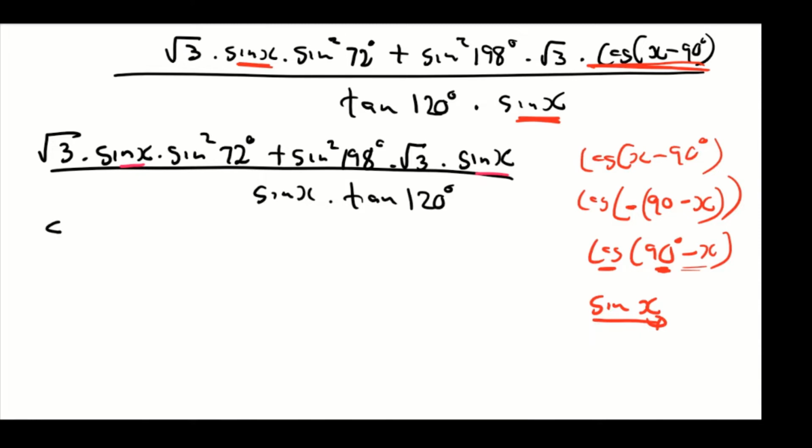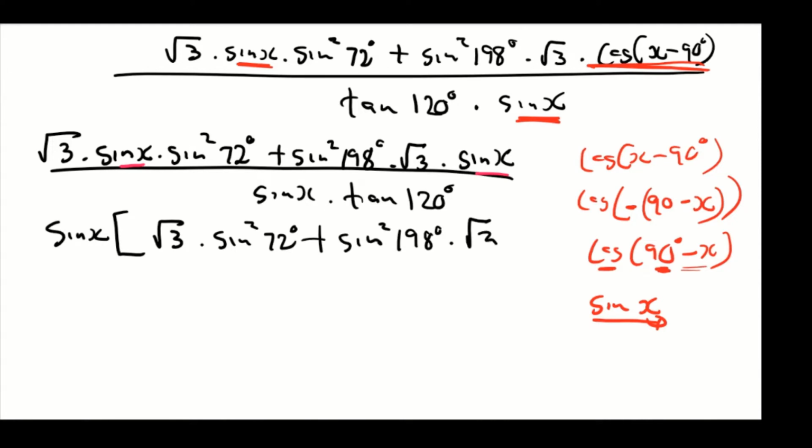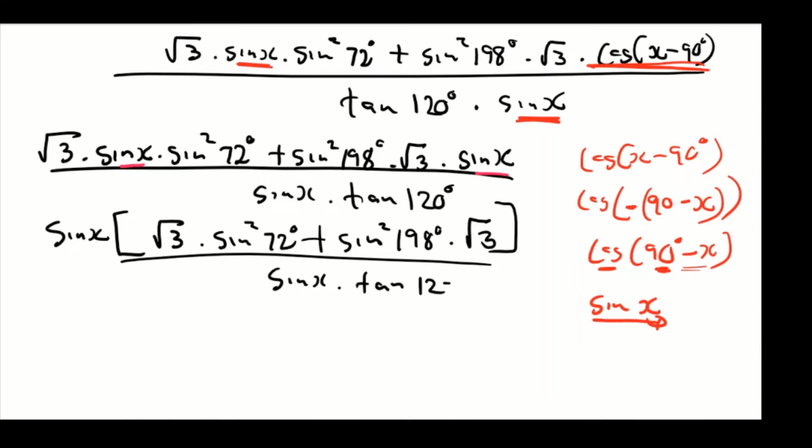So we're going to have sine of x into the root of 3 multiplied by sine squared of 72 degrees plus sine squared of 198 degrees multiplied by root of 3, and then we divide by sine of x multiplied by tan of 120 degrees. So the sine of x will divide out, then we remain with this other expression.